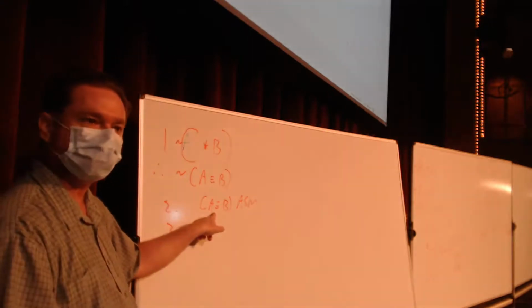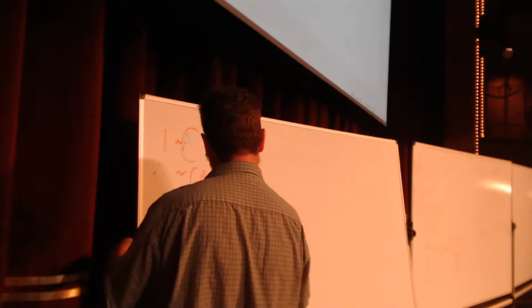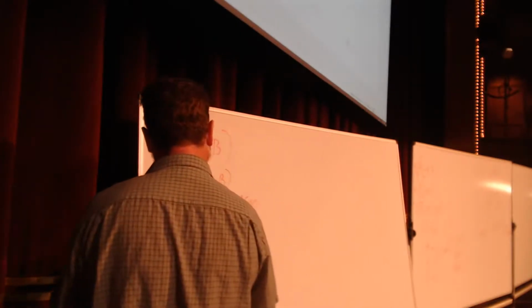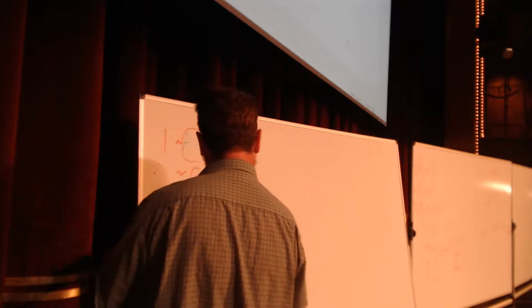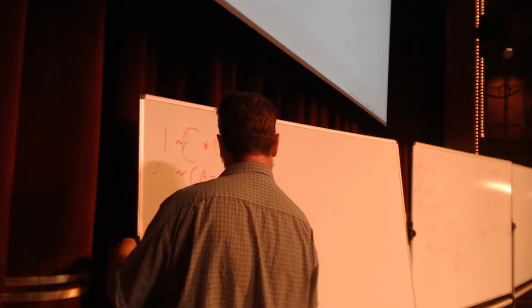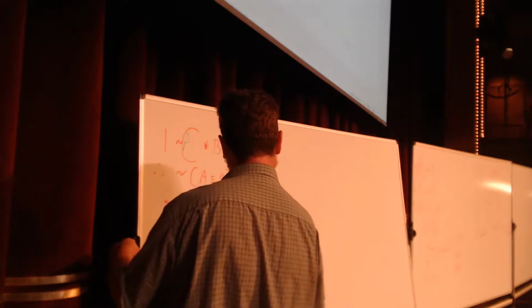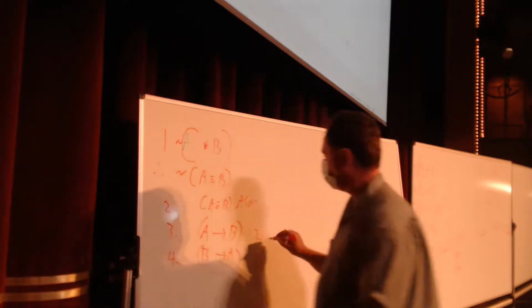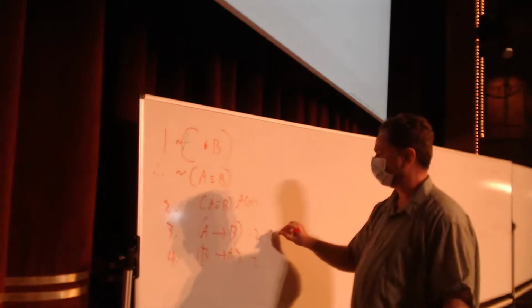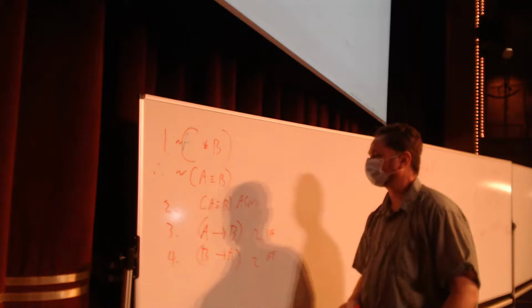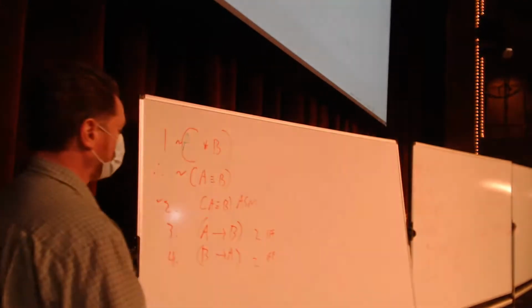But we do have an S rule for triple bar, which gets us two conditionals: if A then B, and if B then A. At that point, we've used 2, so we don't have to worry about it anymore.